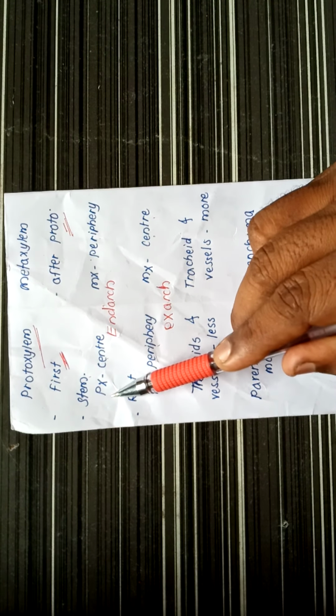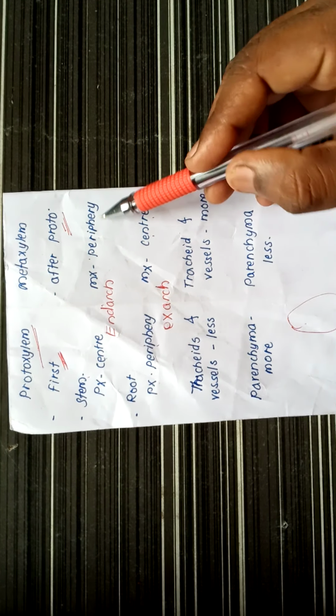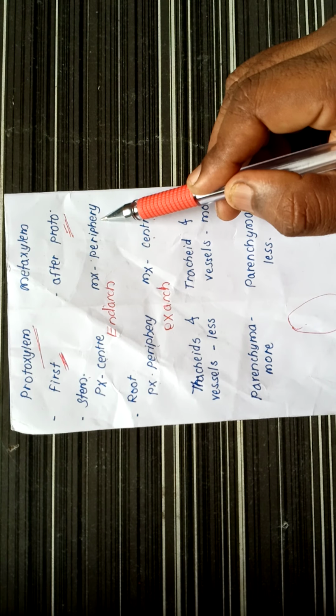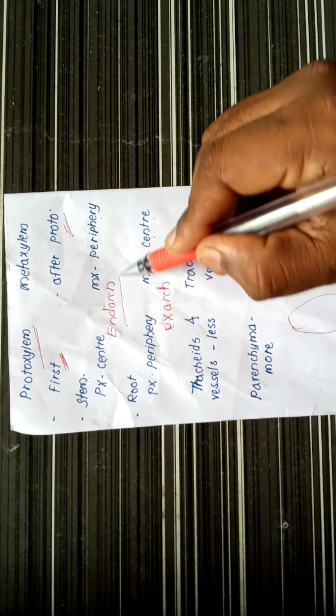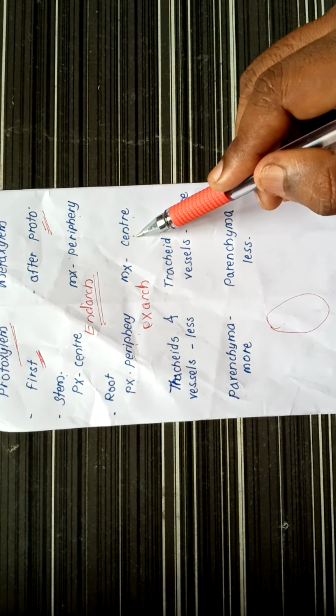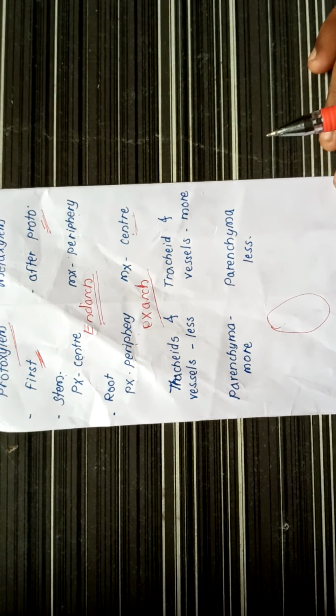In the stem, the condition where protoxylem is present at the center and metaxylem at the periphery is called endarch xylem. And in the root, protoxylem is present at the periphery and metaxylem is present at the center. This condition is known as exarch xylem.